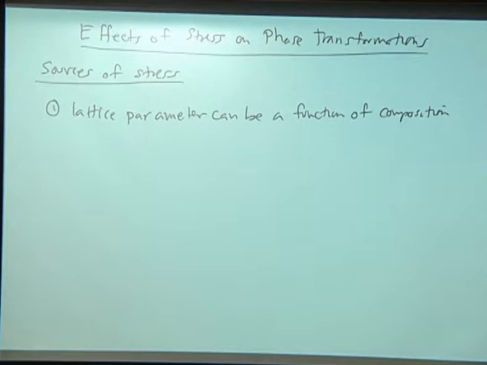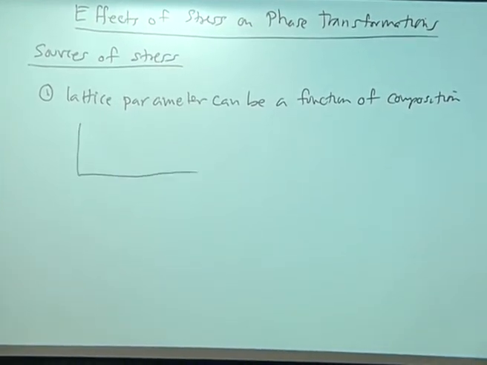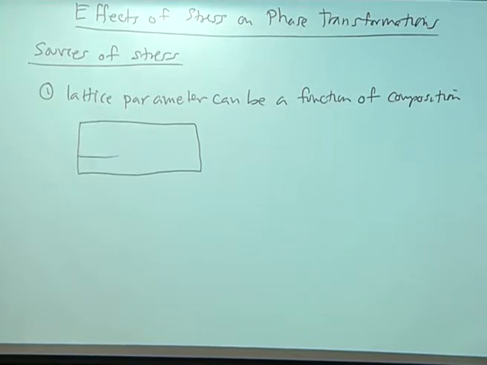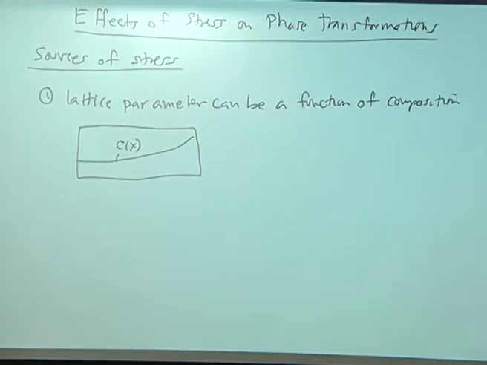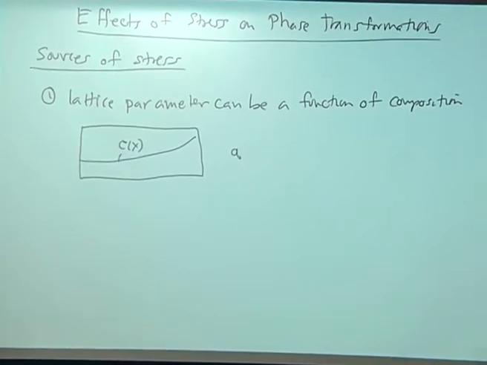And so, for example, say that we had a composition gradient in a bar that looks something like this. Composition is a function of position along the bar. And we know that the lattice parameter is some function of composition.